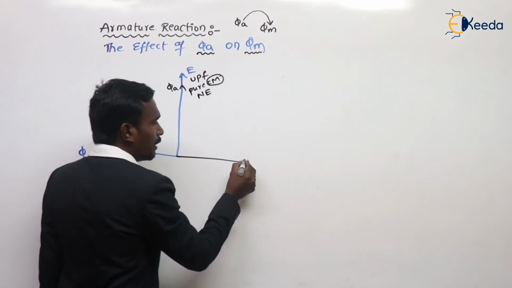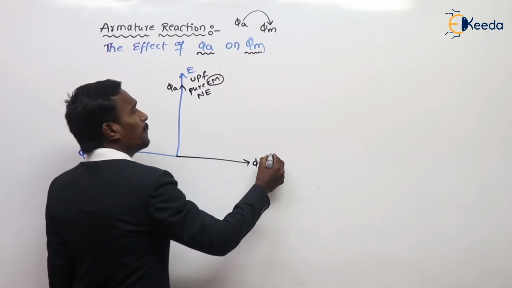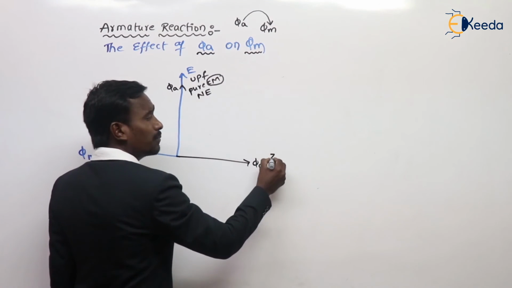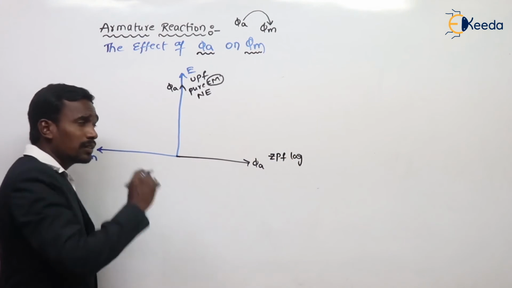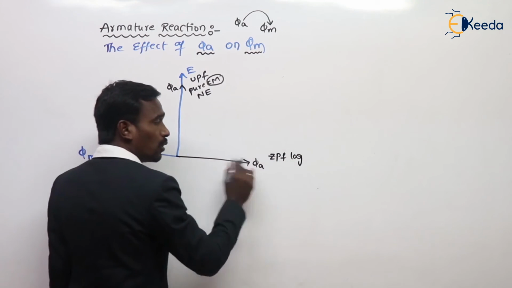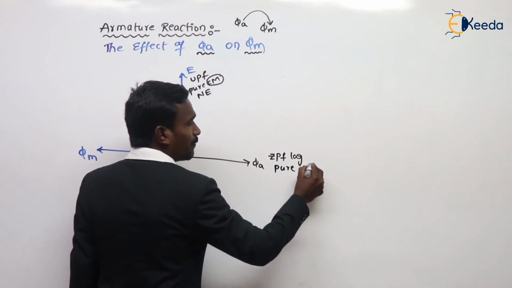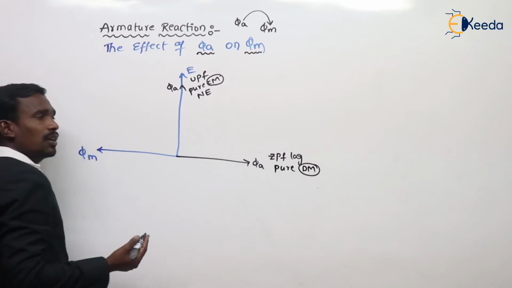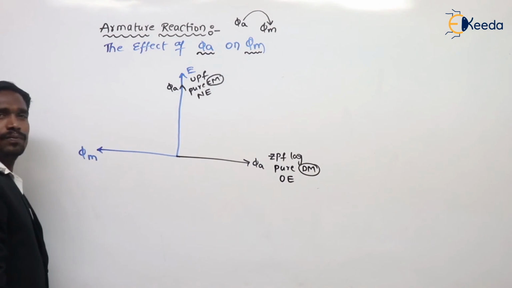If armature current and armature flux are here, that is pure inductive load, zero power factor lagging, exactly opposite, that's why pure demagnetization effect of armature reaction, and this operates at over excitation condition.